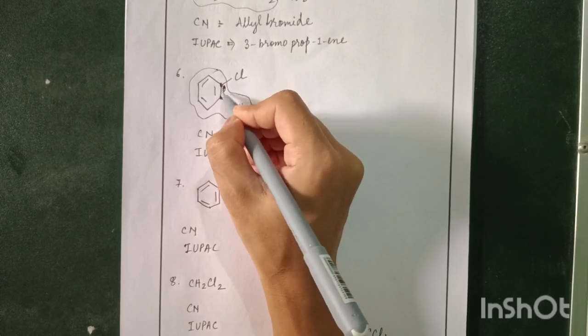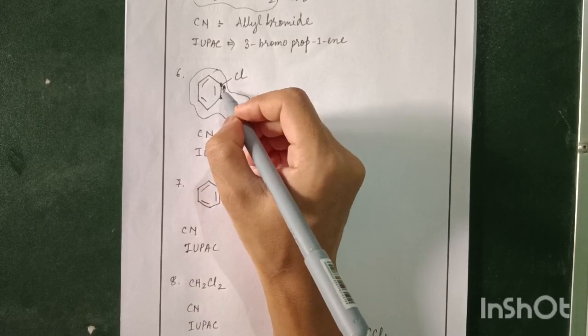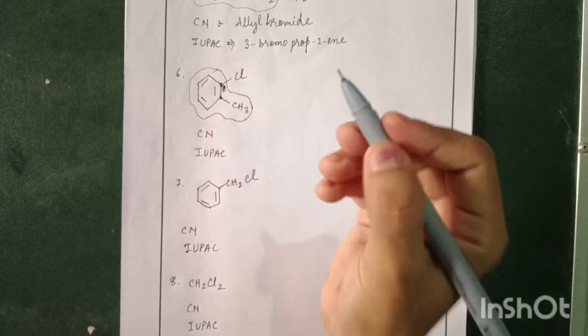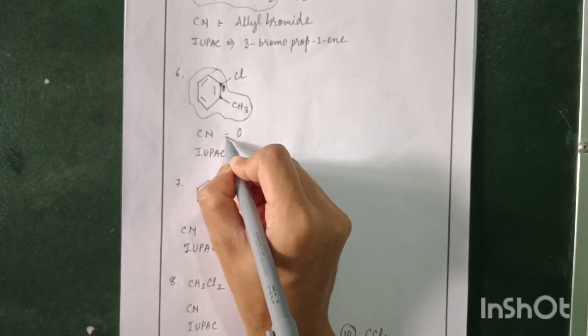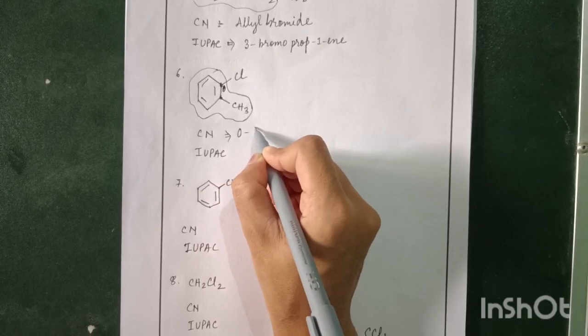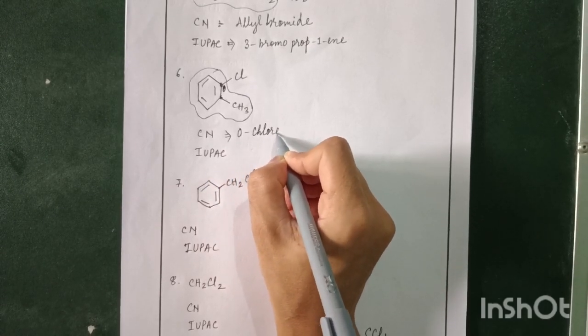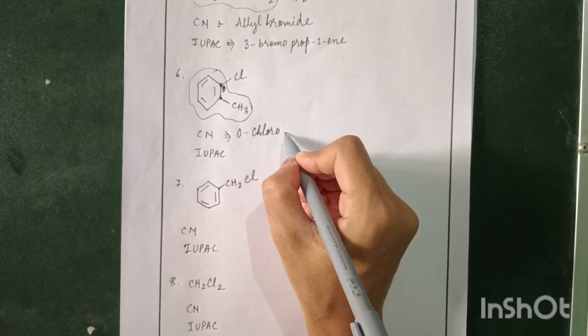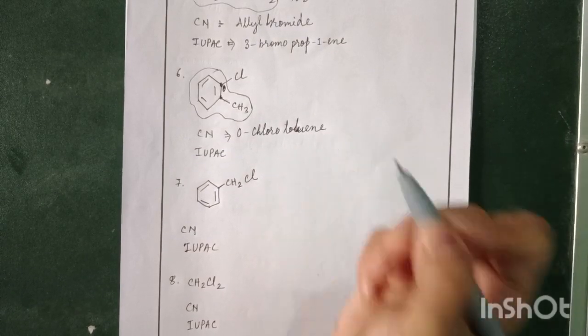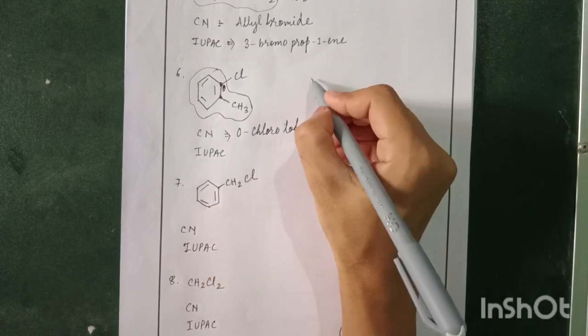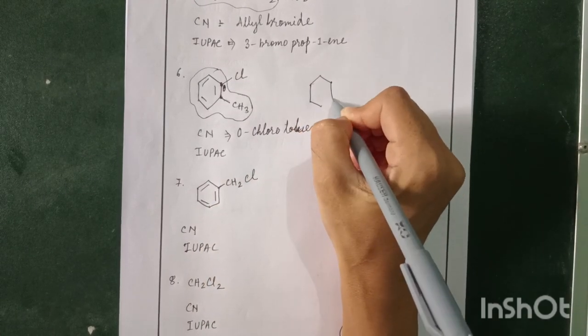The adjacent carbon is your ortho. We will mention it as O, ortho-chloro. In the ortho position, chloro is present, and as a whole, it is called your toluene.